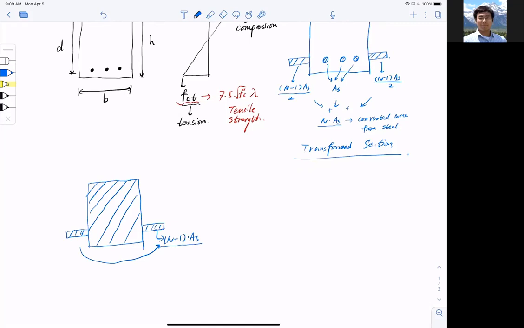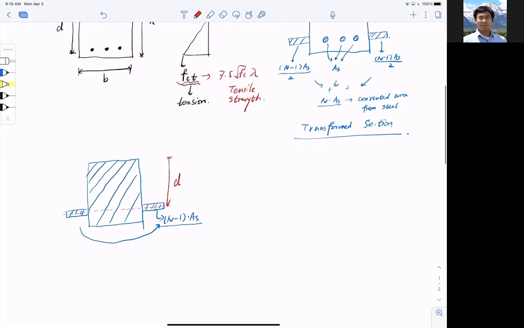And it's very critical that you know this. The center of these wings still stays at the same level as the bars before. So that is depth D. Okay, depth D. All right, so I look at this section and I want to find the centroid of the section first.